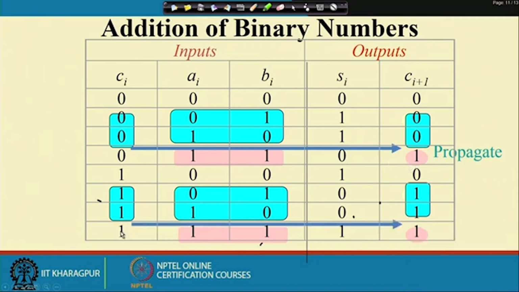The same thing for the last one: for 1 1, if the carry input is 1, the sum is 1 but the carry is already 1. So for 1 1 of A and B, it does not matter whether the carry input bit is 0 or 1, the carry output bit will always be set to 1. The carry in bit, whether 0 or 1, only affects the sum value, whether that is 0 or 1.